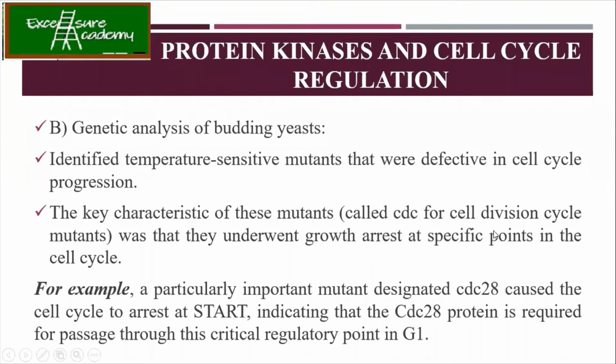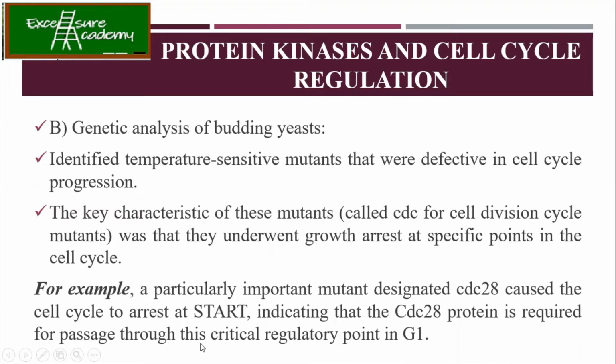When you say temperature sensitive mutant, it means that if you increase the temperature of the surroundings, the yeast might die or it will replicate. So depending on the conditions, they have made the mutations.